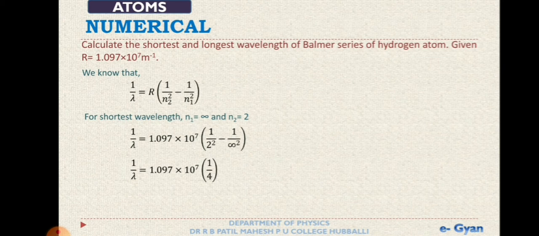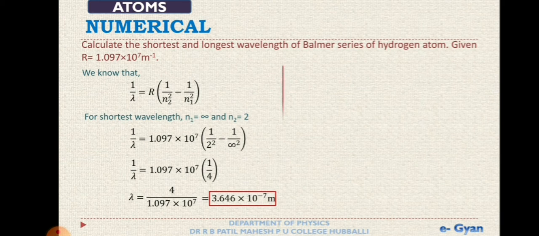On solving, we get 1 upon lambda as 1.097 into 10 to the power of 7 into 1 by 4. And hence, lambda becomes 3.646 into 10 to the power of minus 7 meters. So this is the value of shortest wavelength that is being emitted in Bohr's series.